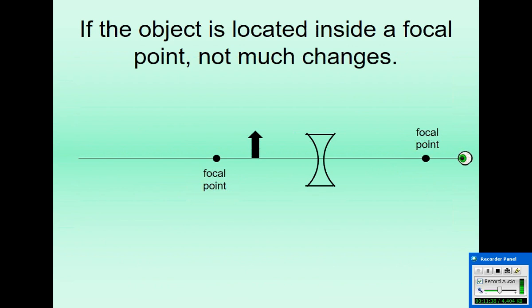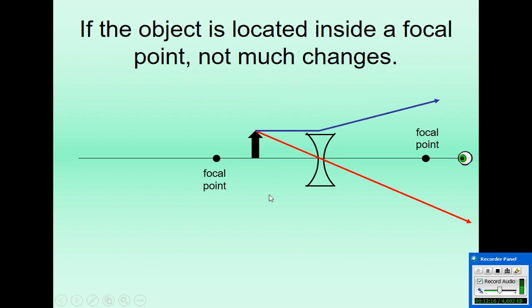The diverging lens really has only one case. I can also imagine what would happen if I drew a ray diagram for an object inside the focal point, and there are only some very slight cosmetic changes to the way in which we draw the rays. The first ray is still through the very center. The second ray is going to go parallel to the baseline, but then refract along an angle that is collinear with the focal point on the left side and the point where the horizontal ray meets the midline of the lens.